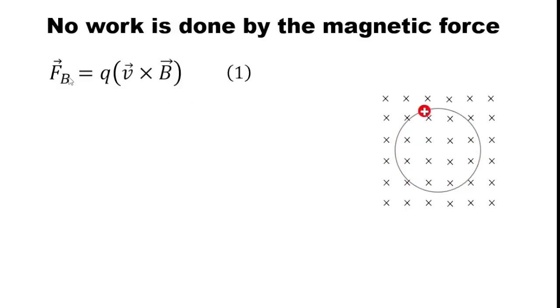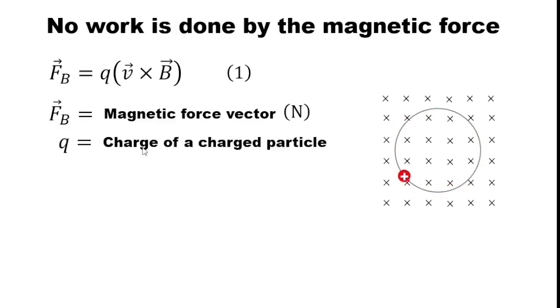In this equation, this F_B stands for the magnetic force vector. We measure it in Newton. And this q is the charge of a charged particle. We measure it in Coulomb. And this v stands for the velocity vector.